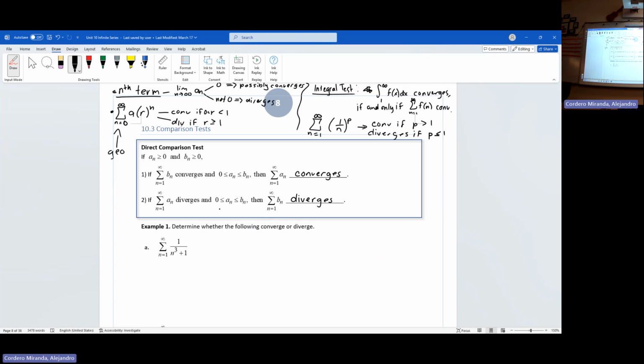I think the easiest thing to compare it to is exactly that, because this is just that plus 1 on the bottom.